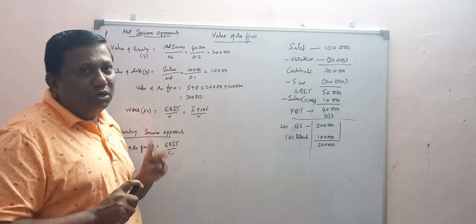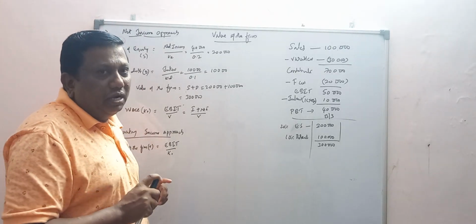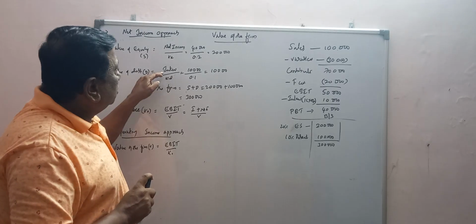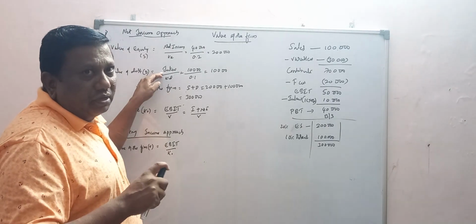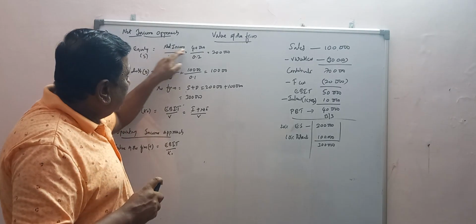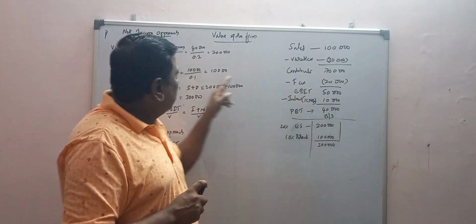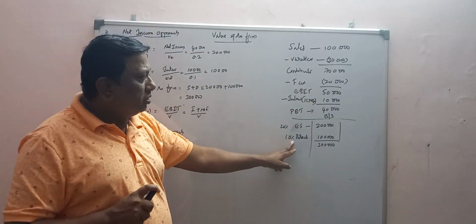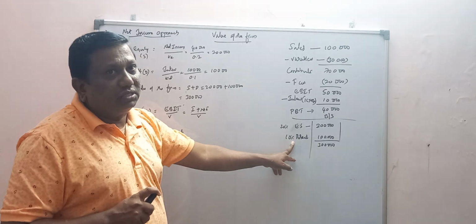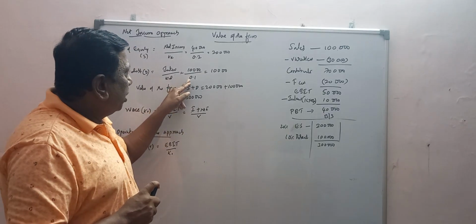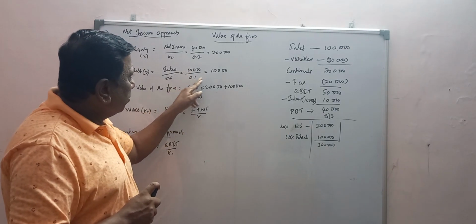There are only two types, equity and debentures. For debentures we need interest, which is 10,000. The specific cost is 10%, that means 0.1. So 10,000 divided by 0.1 gives 1 lakh.